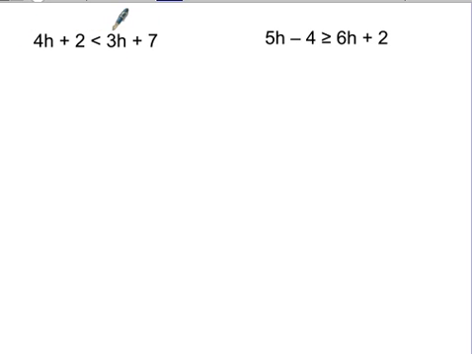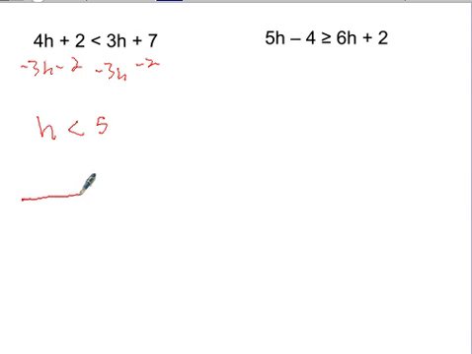The key here is that I want to make sure I end up with a single variable. So do I want to subtract 3h or subtract 4h? Subtract 3h, thank you. And then what do I do with the 2? Subtract 2 from both sides as well. So that would be h is less than 5.